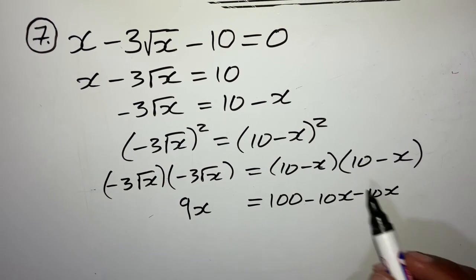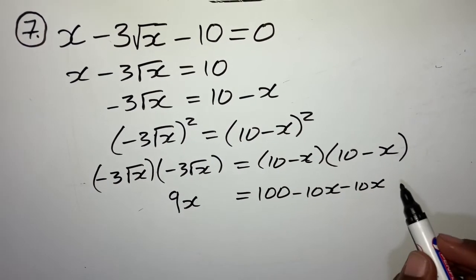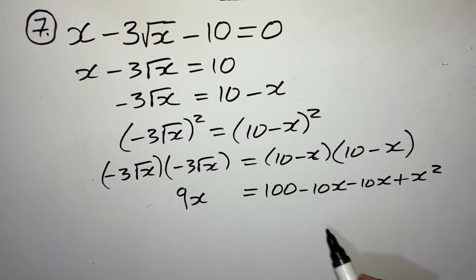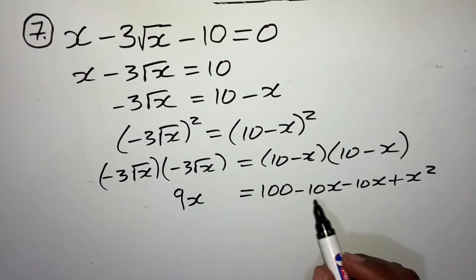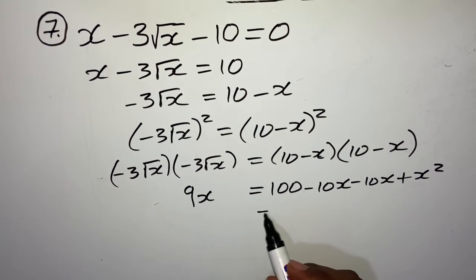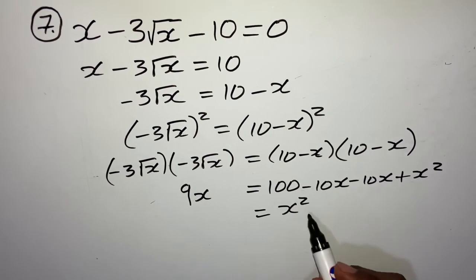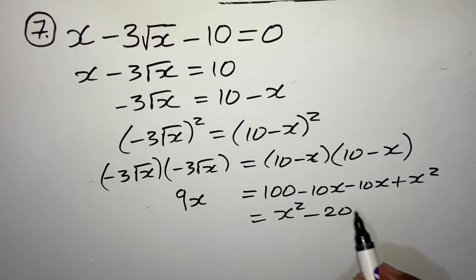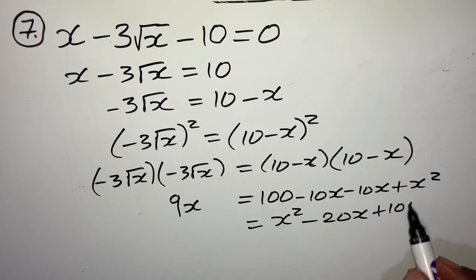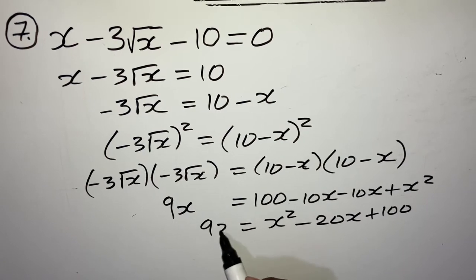Then we multiply negative x times negative x, we get a plus x squared. Then these two are like terms, negative 10x minus 10x. So I'll say x squared, these two give me a negative 20x plus 100.